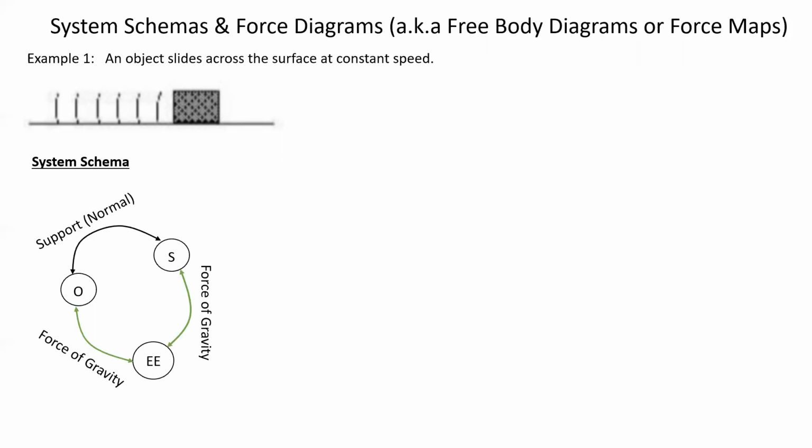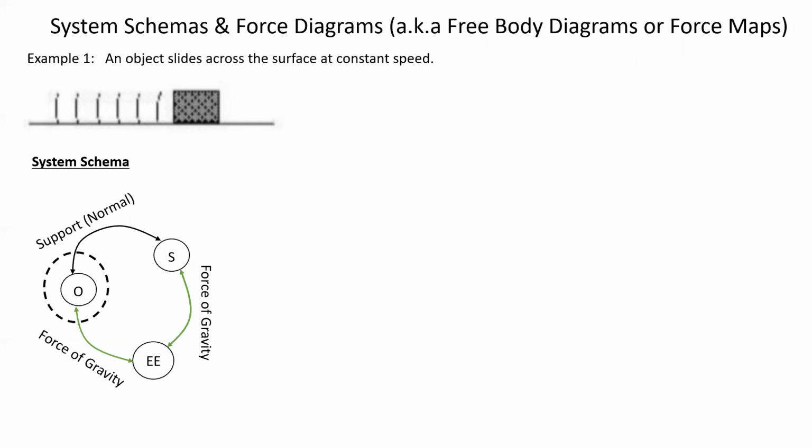So between the entire Earth and each other object, there is a field force of gravity. And between the surface and the object, in this case, there would be a support force. We call that the normal force because it's perpendicular to the surface. Since it's sliding across at a constant speed, there must not be any friction to slow it down. So those are the only forces involved.